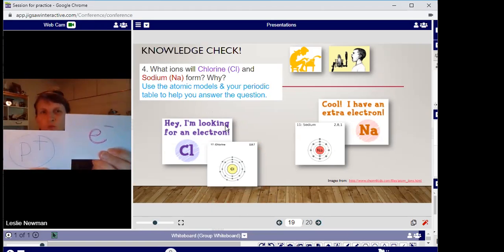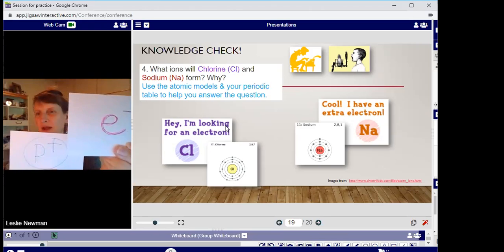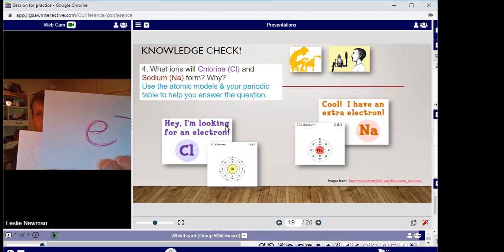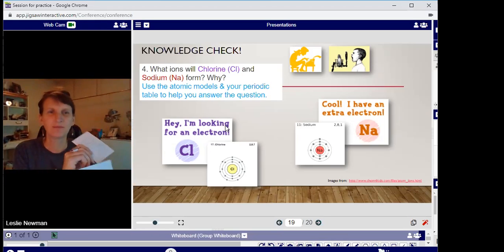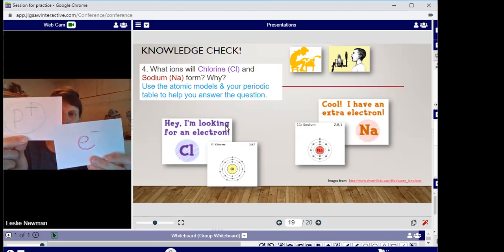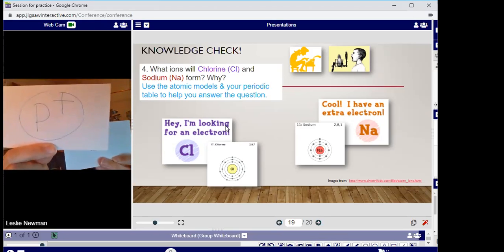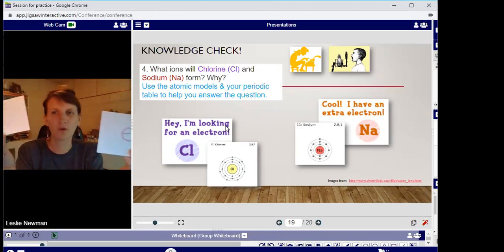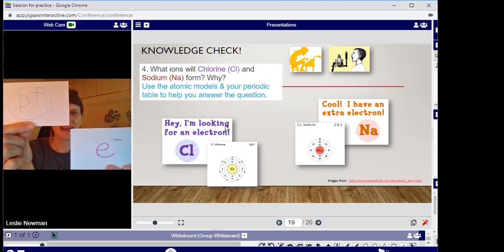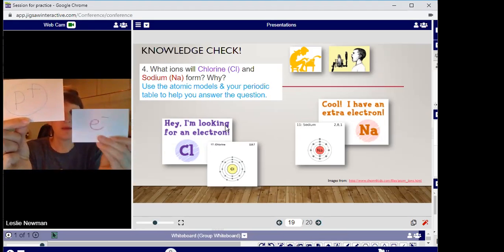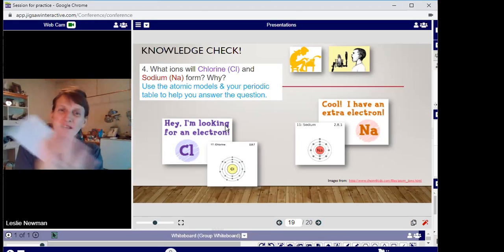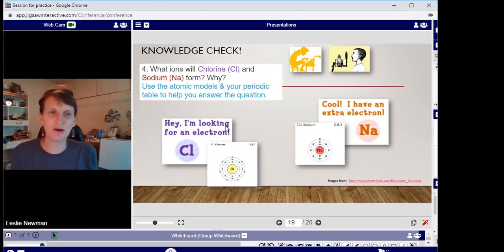Okay, so if you gain 1 electron, now you have a -1 charge, because you have 1 more electron than you have protons. And sodium, conversely, lost an electron because it has that 1 extra. And so now it has a +1 charge because it has 1 more proton than it has electrons. Remember, to get the ion charge, you take your proton number minus your electron number, and that'll give you the charge. So sodium is +1 and chlorine is -1.